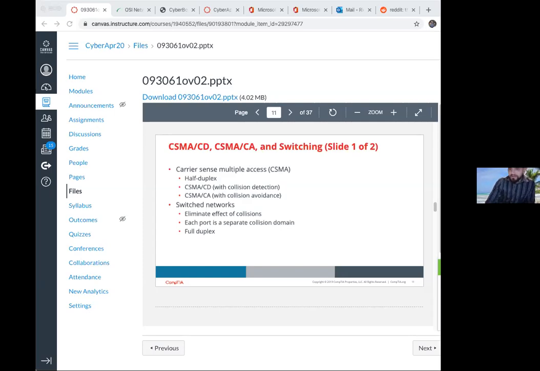Then CSMA collision detection detects when a collision has occurred. It defines methods for detecting a collision on different types of media. If there is a signal present on the line, it would be able to detect a collision and broadcast a signal, which is called a jam signal. Each node that was attempting to use that wire would have a random period to back off before attempting to transmit again.